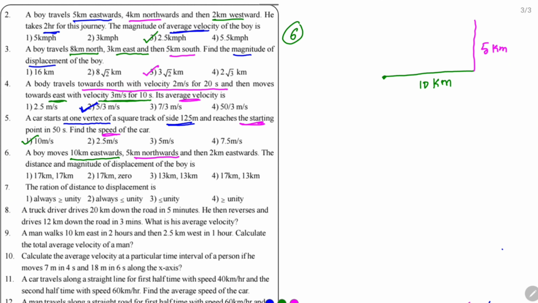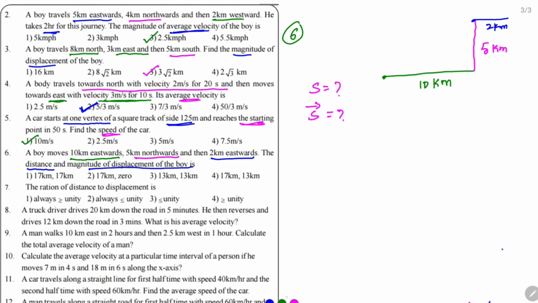Then 2 kilometers east, from here he is moving 2 kilometers east. Fine. The distance and magnitude of displacement of the boy is, so we have to find what is the distance and what is the magnitude of the displacement.